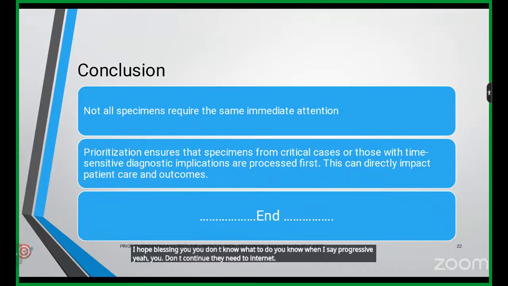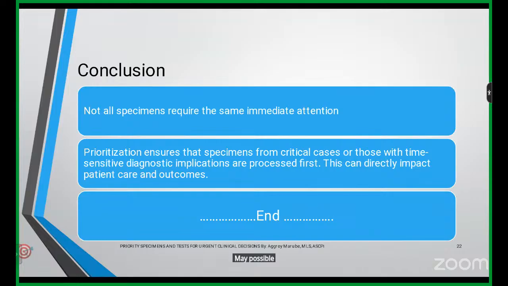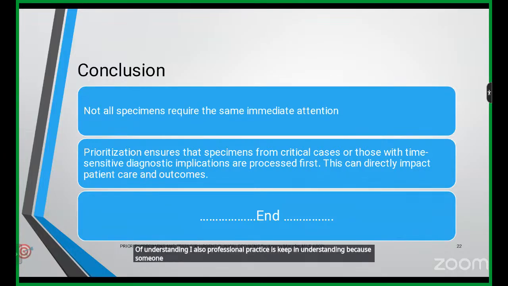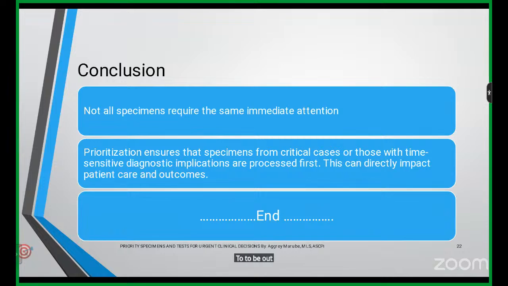Or you think it's hyperglycemia, the person is given a wrong medication. What happens? So discretion is needed, a lot of understanding. And also professional practice is key, because someone has to be awake or alert before handling certain cases.